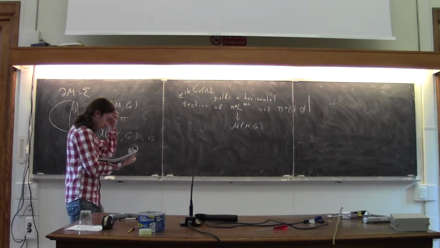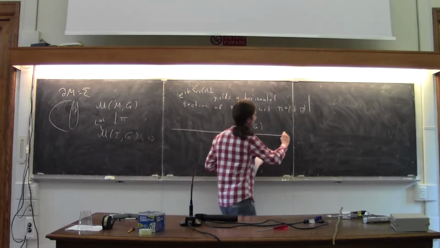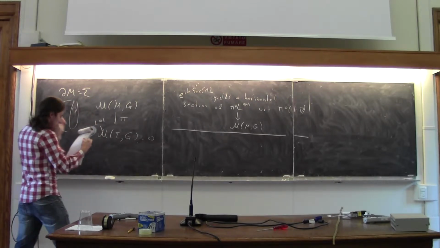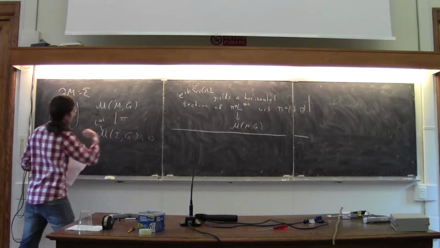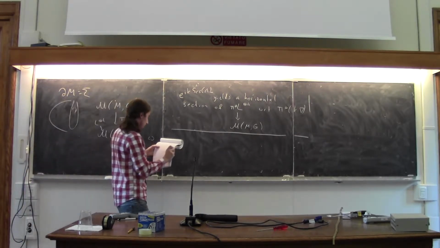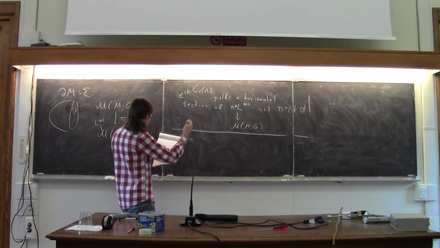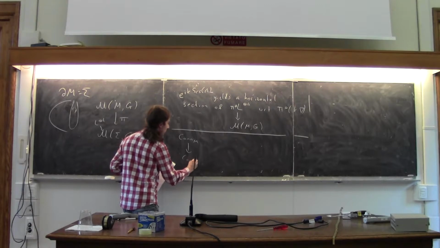To make some sense of this claim, one should look at the story before reduction, where we had a surjective submersion from connections on M to connections on the boundary.